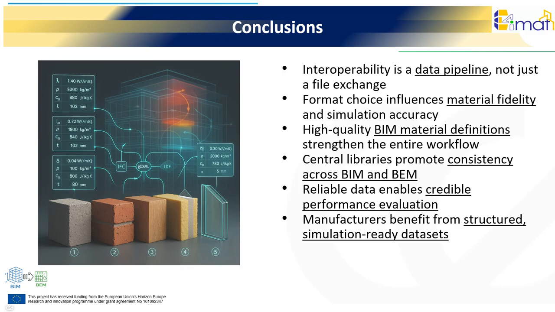Each carries its own strengths and constraints, and these differences directly influence how much material information survives into the final model. This is why well-prepared data at the BIM stage is so valuable. When materials are defined clearly, with validated thermal properties and a stable structure, they support a smoother transfer into GBXML, IDF, and other analytical environments.